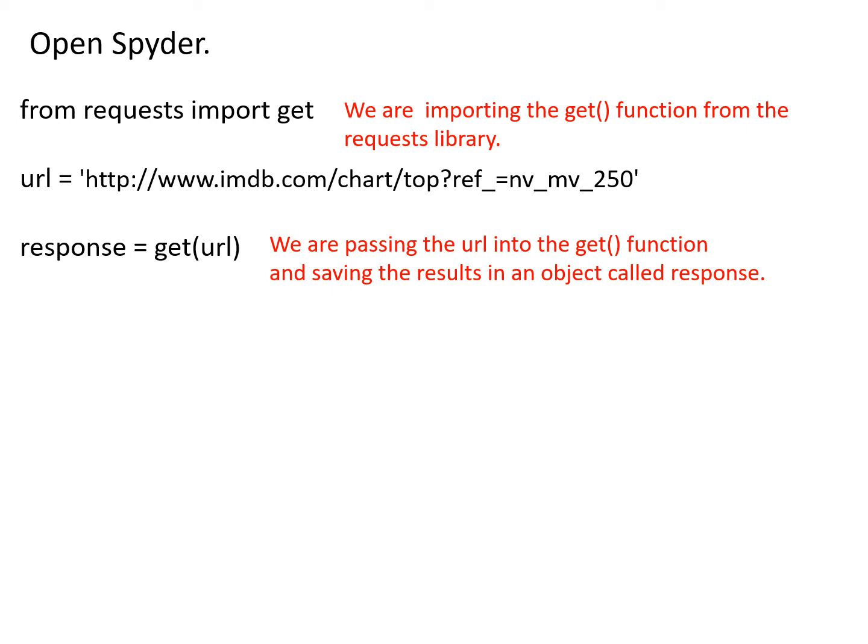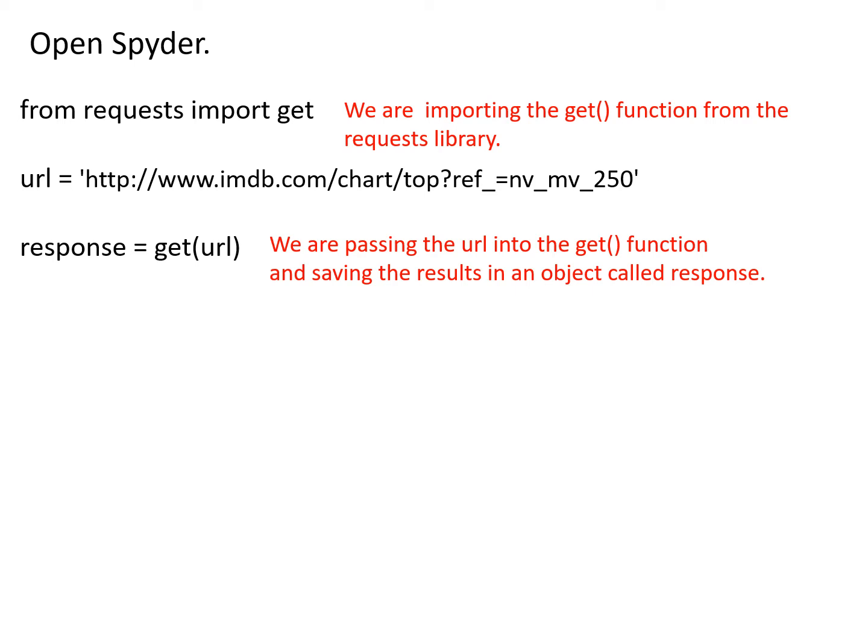Okay, so that passes in that long URL, and so it goes ahead and gets that, and then any HTML that is associated with that URL is going to be put, look on the left hand side of the equal sign, into the object that's called response, because we've called it response.